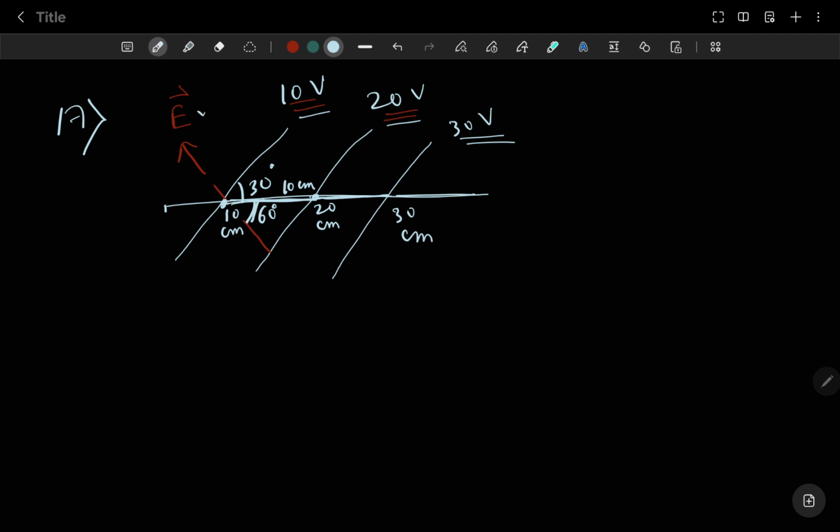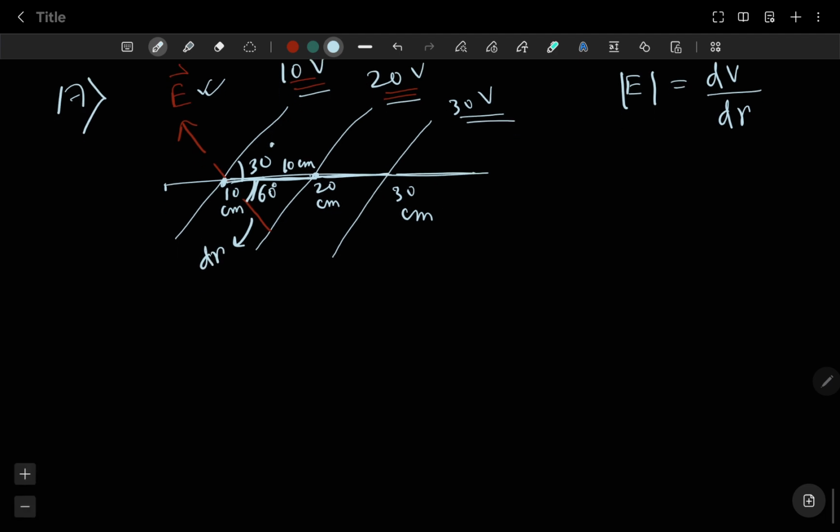So the electric field is uniform, because the magnitude of electric field is basically dV/dr, the gradient of the electrostatic potential. Let this be the perpendicular distance, call it dr. We must consider the perpendicular distance between the equipotential surfaces. Here, see the triangle.